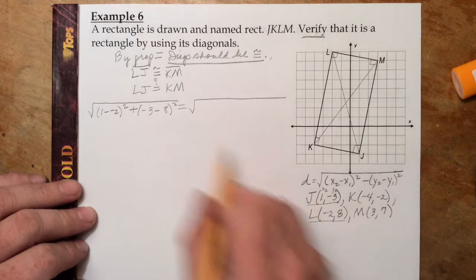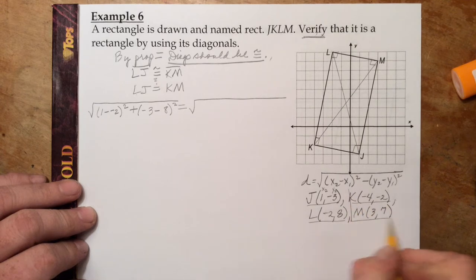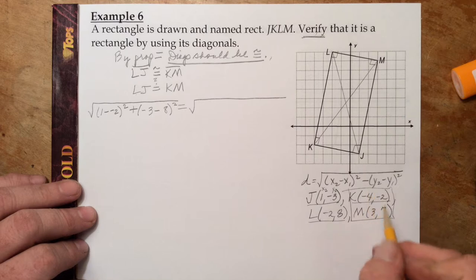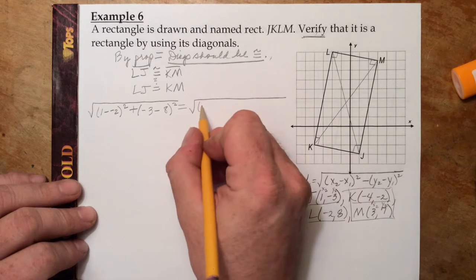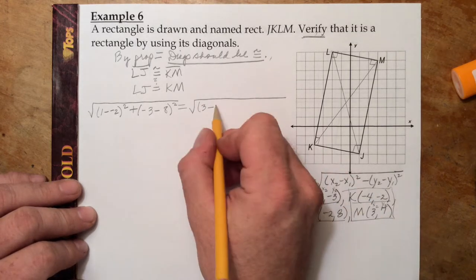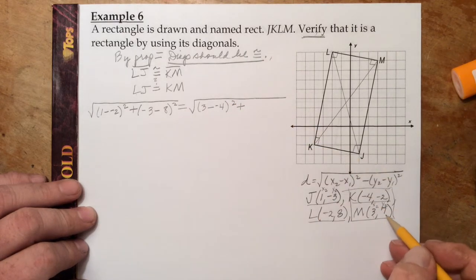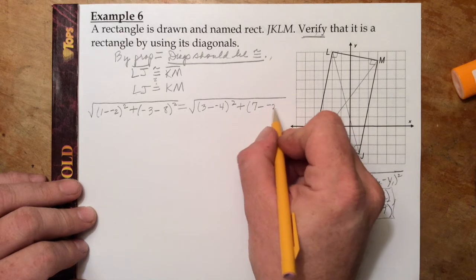Then coming over to KM, the other diagonal, and its two endpoints, I'm going to let M be my second point this time. Starting with x2, that's 3 minus negative 4 squared, plus back over to 7 minus negative 2 squared.